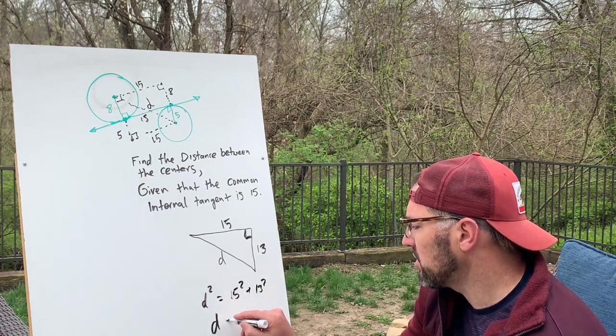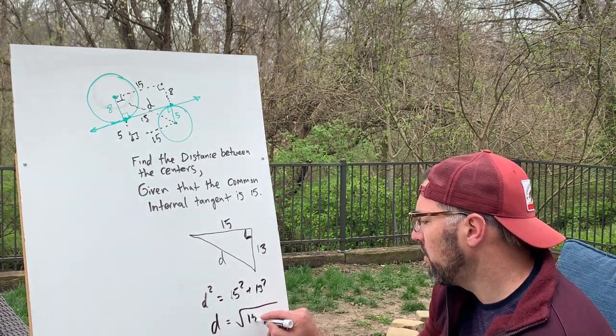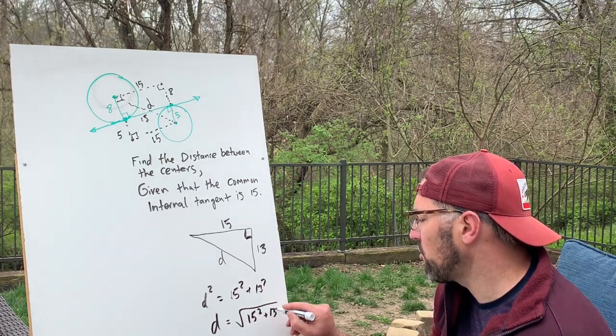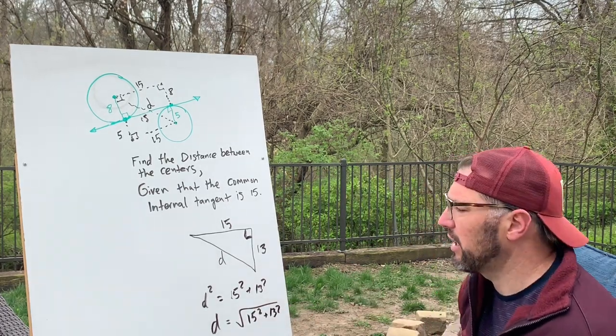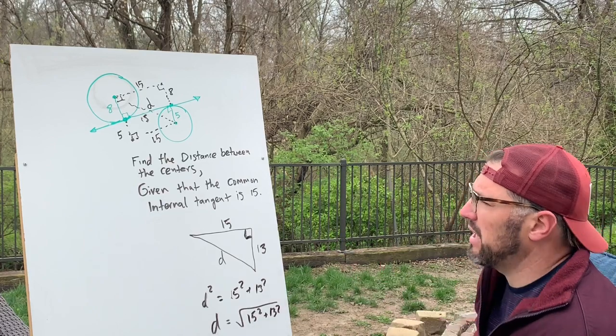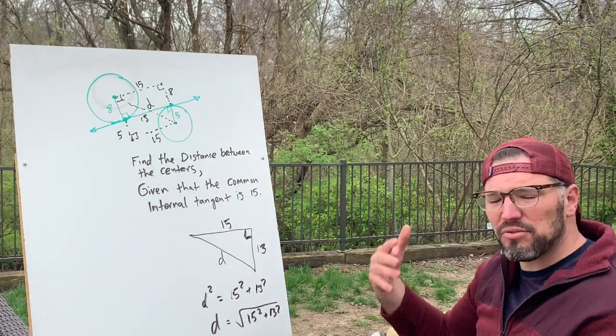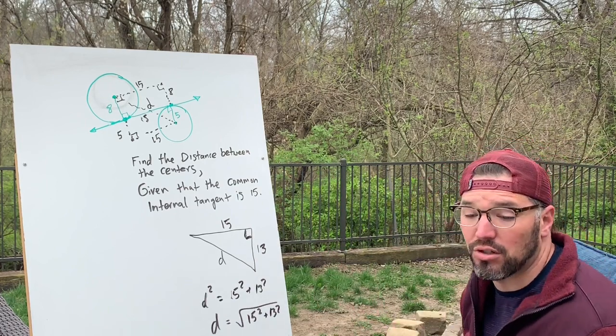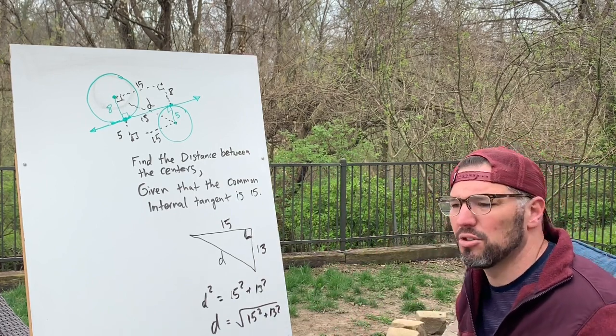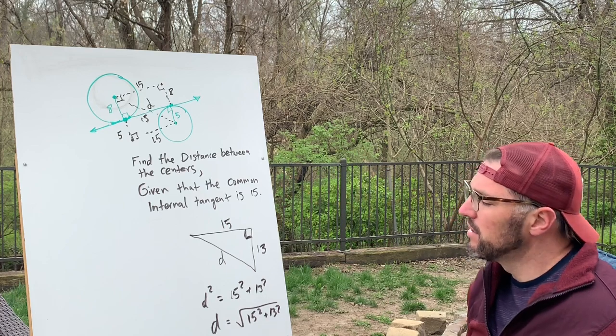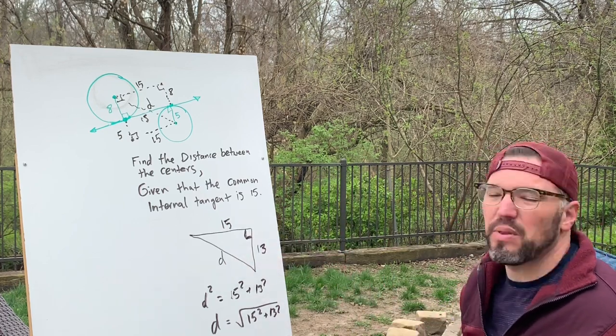So D is just the square root of 15 squared plus 13 squared. I'm sure you can find that using your calculator. I won't show you the answer here. It's just an example. If you have an internal tangent, you just have to create rectangles. If you have an external tangent, you have to create rectangles, and then you need to find some triangle and use the Pythagorean theorem.